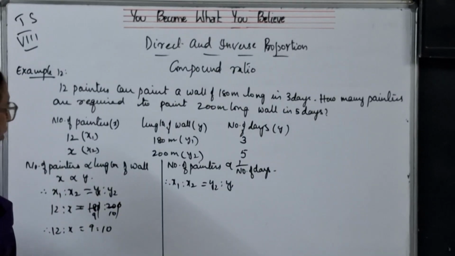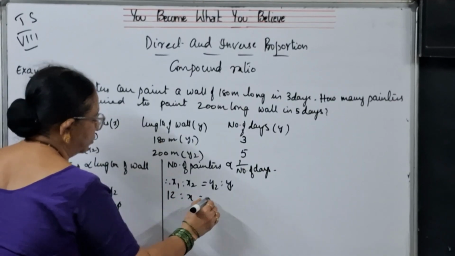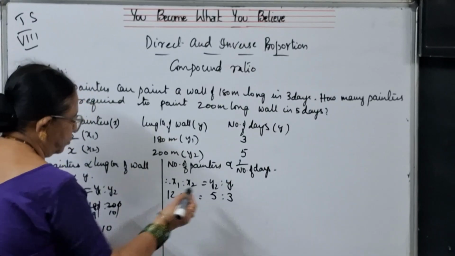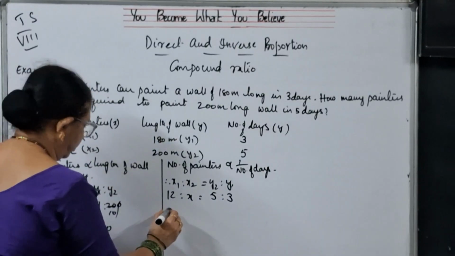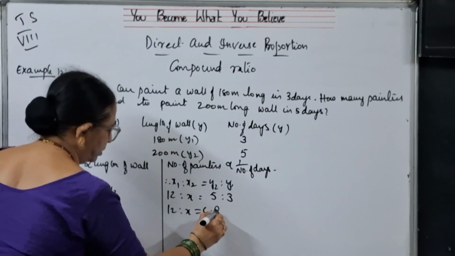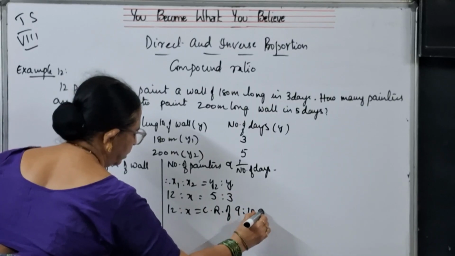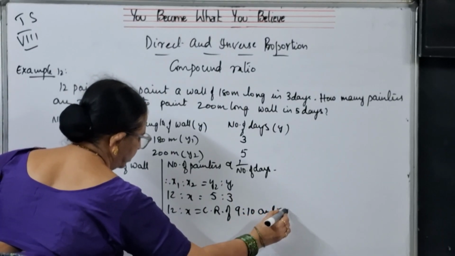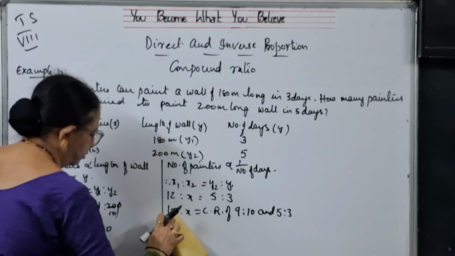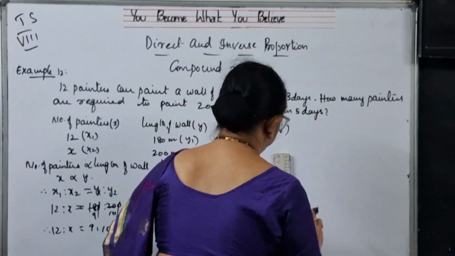This you need to do very carefully, children. That is 12 is to x is equal to 5 is to 3. So here we need not simplify. So what we can say, 12 is to x is equal to compound ratio of 9 is to 10 and 5 is to 3. That means 12, I'll do it in the next place. So compound ratio means how will you get?